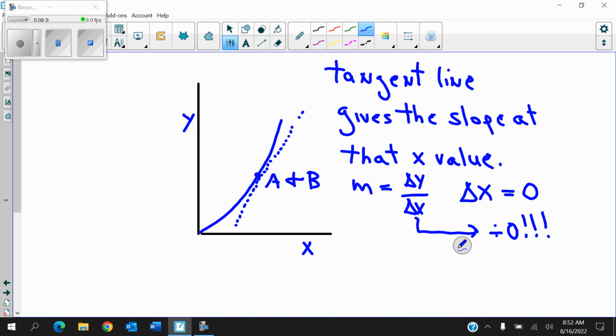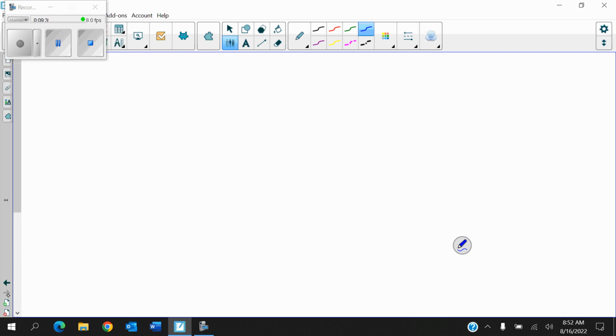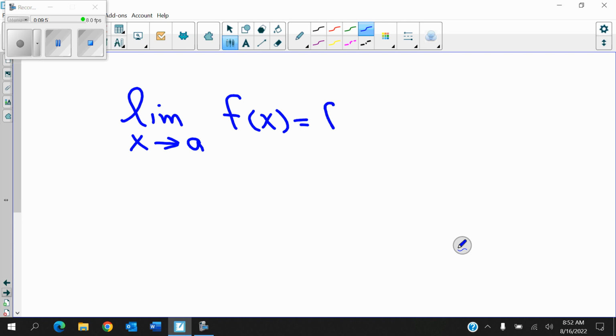But not to fear, Newton is near. Not that I'm Newton, but here's what we got. We got a limit problem. Anyone heard of limits? Yes. So the limit as x approaches a of f of x is equal to f at a.